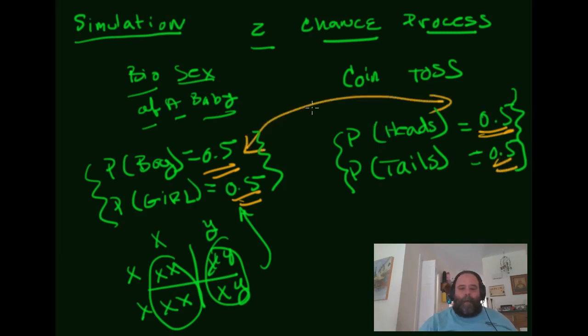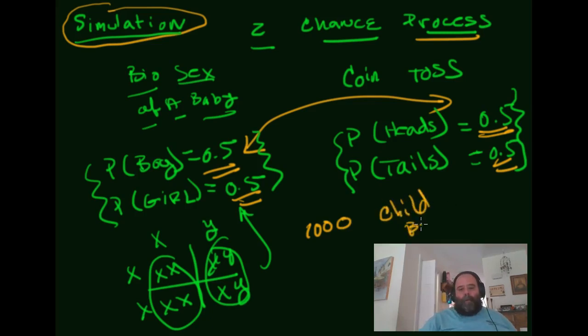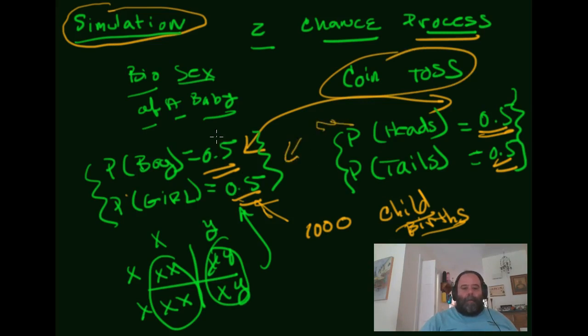Which means that we can use one of these processes to simulate the other. Let's say I wanted to simulate 1,000 childbirths. Instead of actually producing 1,000 new babies, I could just toss a coin 1,000 times and say this could stand in for this because the probabilities are the same in these two models.